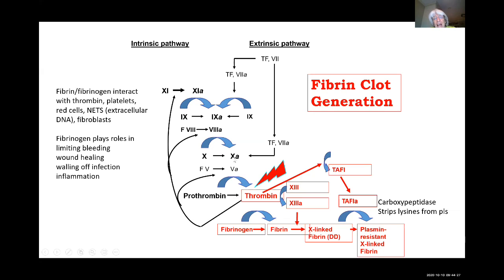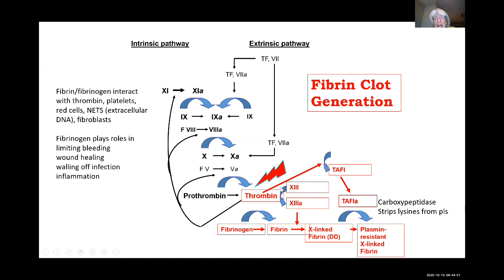So activated 10 in a complex with factor 5 and prothrombin activates prothrombin to thrombin. Dr. Acharya showed that thrombin actually cleaves those little peptides from the fibrinogen to make the linear clot. It then activates factor 13 to cross-link that clot and make it a fishnet.